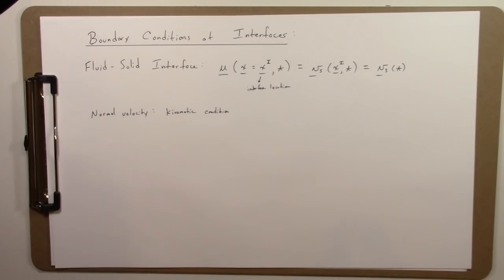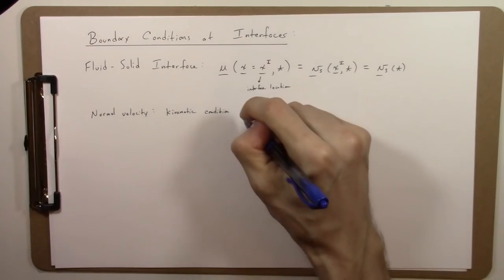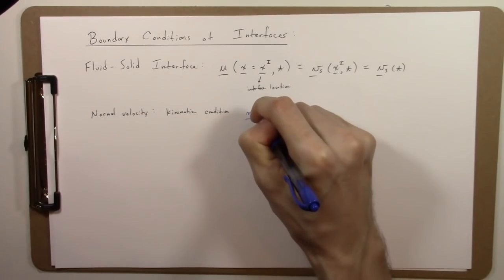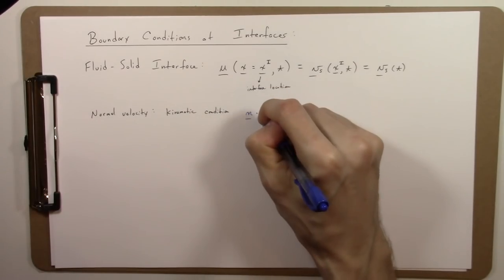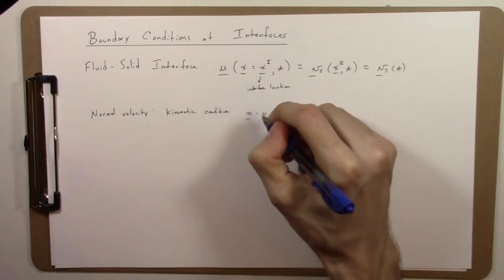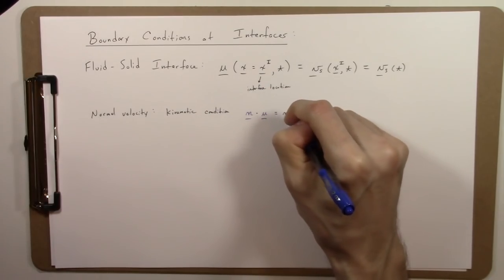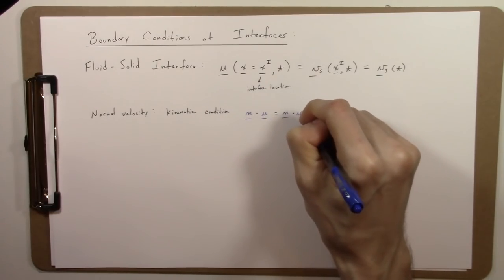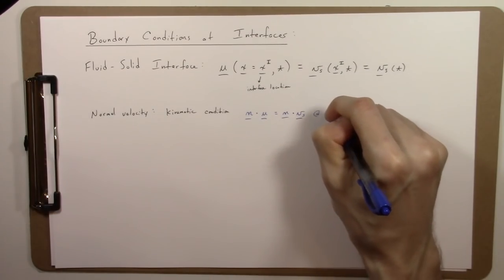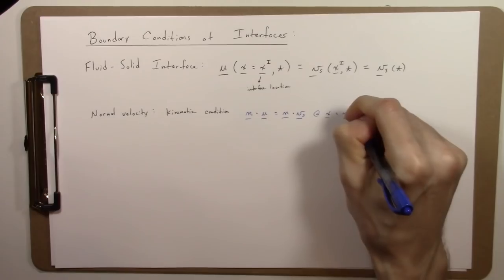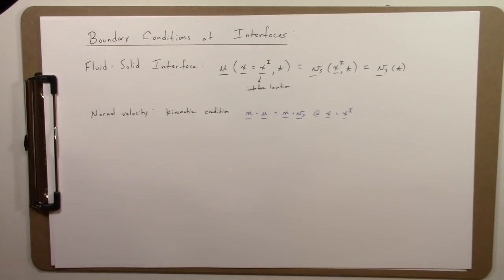We simply take the normal component of this expression up here, which is just found by taking the dot product with the normal vector at the interface. n dot u is equal to n dot v_s at x equal to x interface.